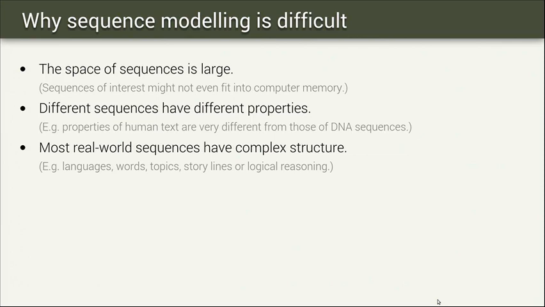So why is it difficult to model sequences? It's difficult because the space of sequences is very large. We may be interested in some sequences that don't even fit into our memory, so it's difficult to think about compressing such sequences. And of course, different sequences also have, as said, very different properties.